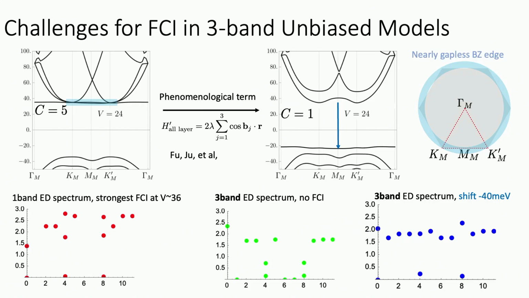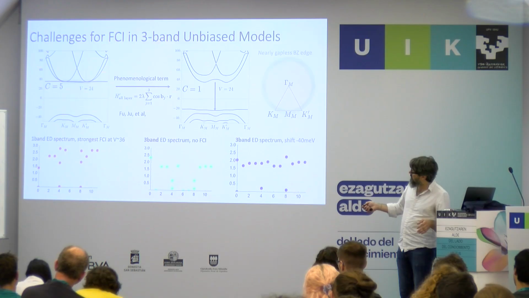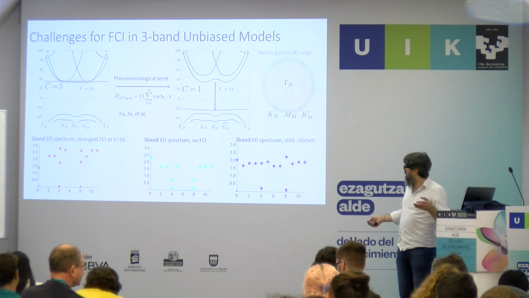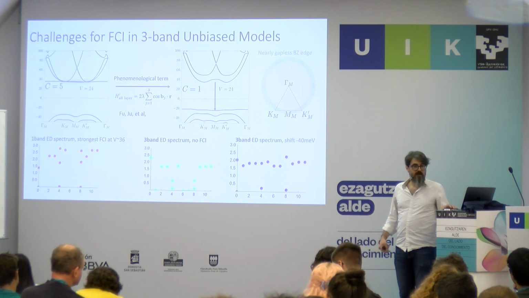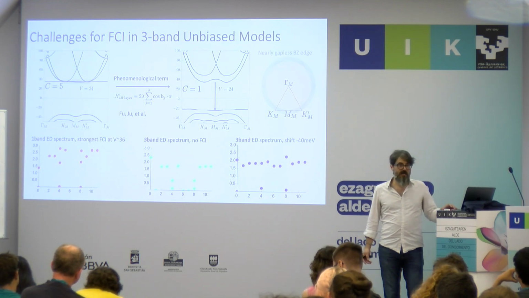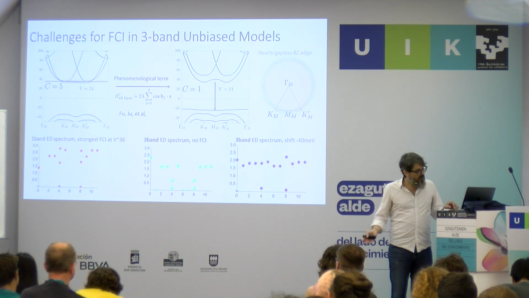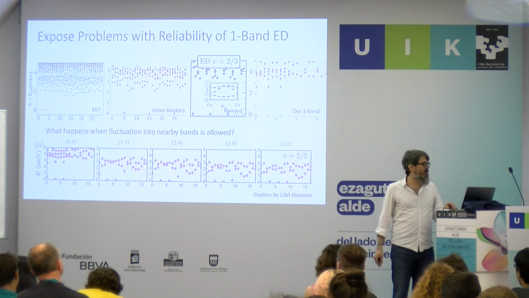I would argue this is sufficient because the Coulomb energy is around 30 milli-electron volts. But if you do this unbiased, you get no FCI. So how do we explain the FCI, and what's really happening?